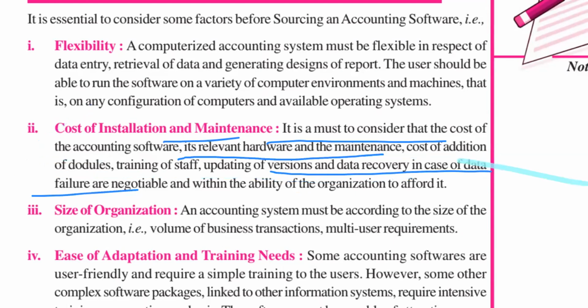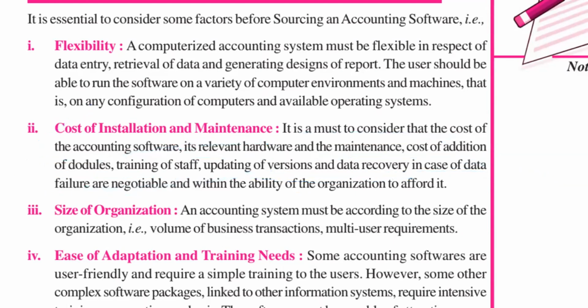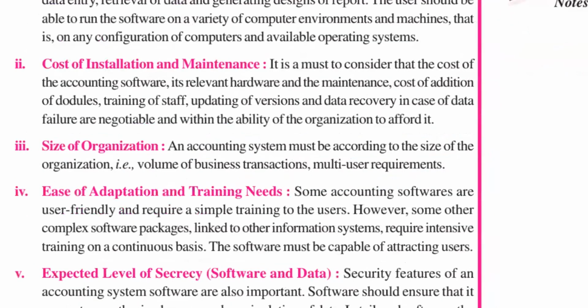Means cost of installation and maintenance should also be taken care of by the organization while choosing an accounting software. What are its costs, its maintenance costs, installation costs, how data can be recovered, and what are its updated versions? Every year some updated versions are coming. So all these things must be taken into account while choosing an accounting software.